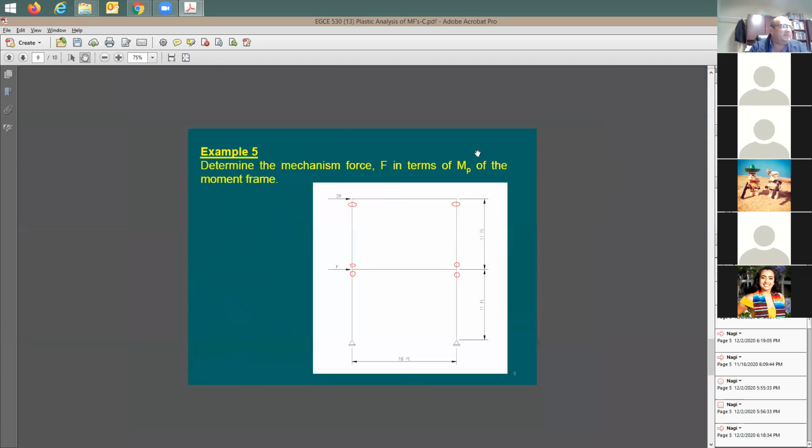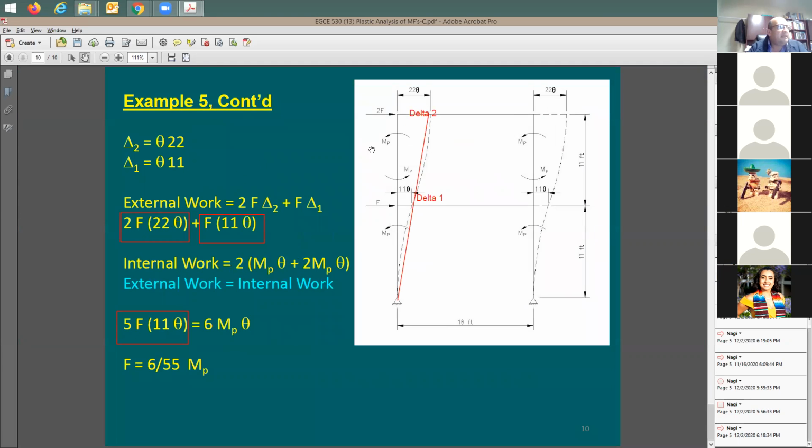Now let's go to the last example. Here I said this force is called 2F. So if you put here 1 kip, you put here 2 kips. If you put here 100 kips, you put here 200. If you put here 1,000, you put here 2,000. This displacement here is equal to delta 1, which is 11 theta.